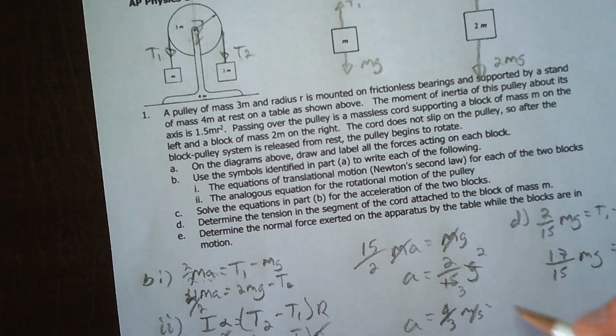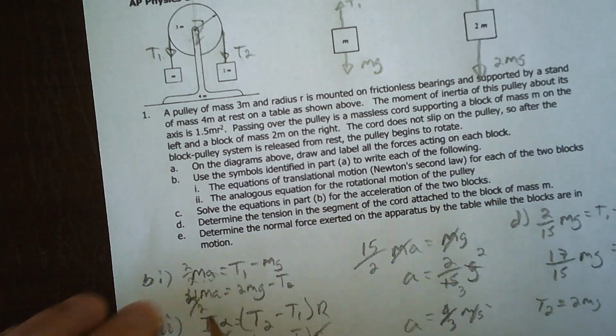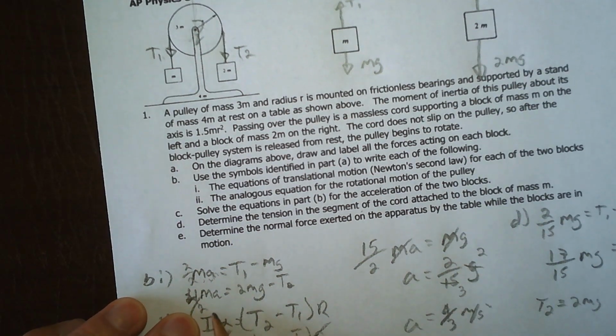T2 is going to be equal to 2 mg minus 2 ma, where A is 2/15 g. So I guess it'd be minus 4/15 mg.